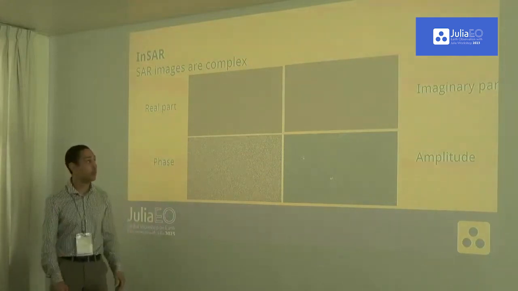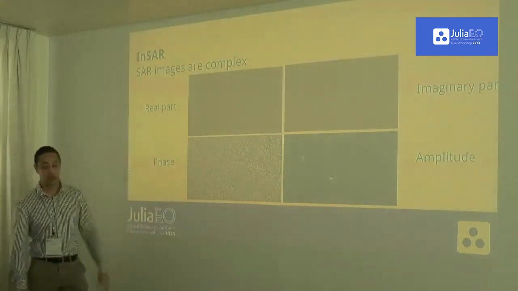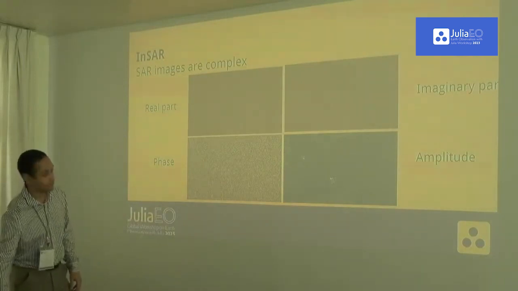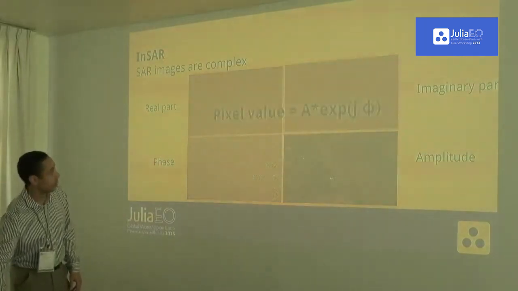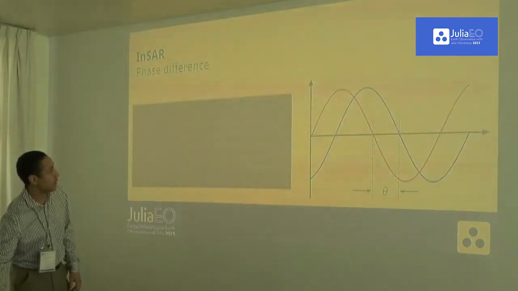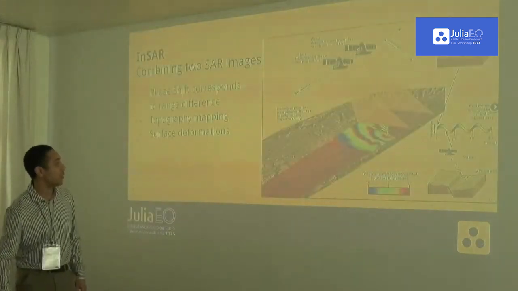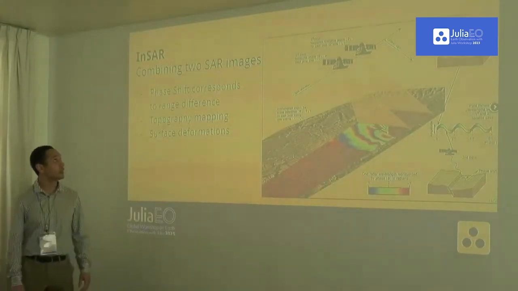If you look at the difference in phase between two images acquired almost from the same position, then you can retrieve information from the phase. And that part is the InSAR process.